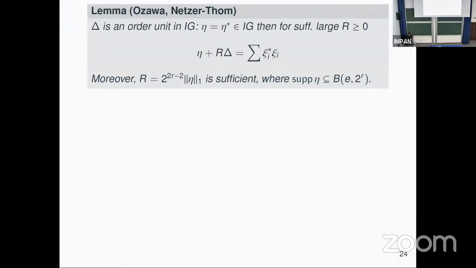However, there is a little bit of magic that happens here, and there's a lemma that goes back to, again, Takka's first paper, and then it was quantified by Nenzer and Tom.